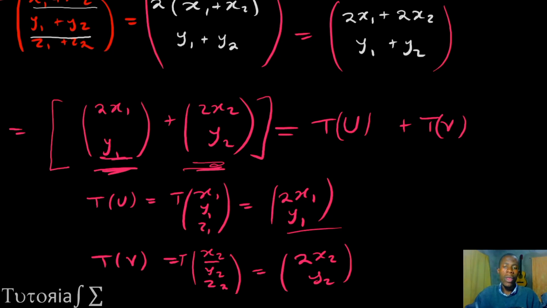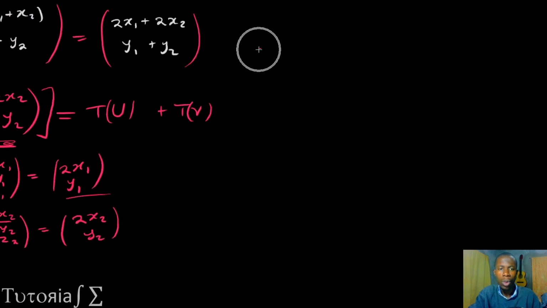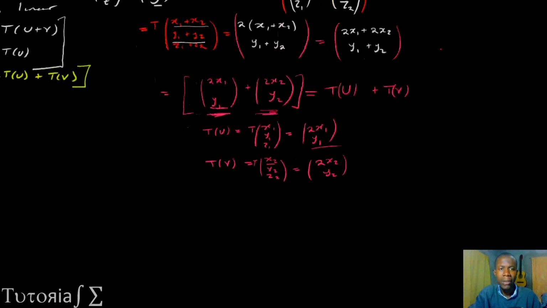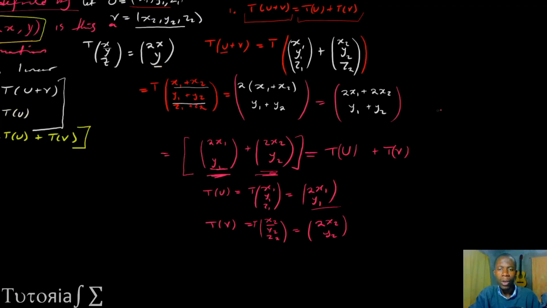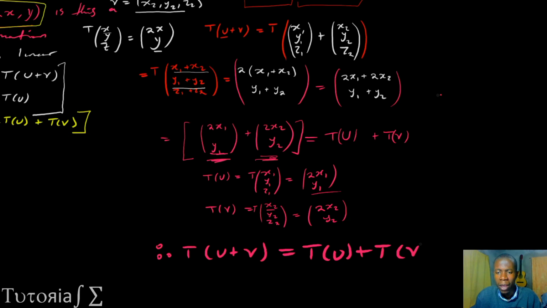Okay, so therefore proving that transformation of u plus v is equal to transformation of u plus transformation of v separately. So we say therefore transformation of u plus v has produced for us transformation of u plus transformation of v.